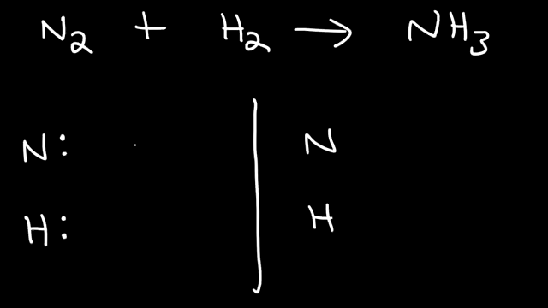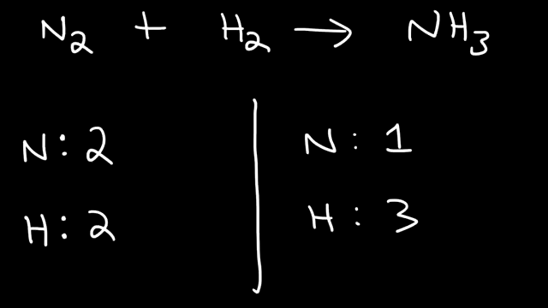On the left side, we have 2 nitrogen atoms. We also have 2 hydrogen atoms. On the right side of the equation, the product side, we only have 1 nitrogen atom, but we have 3 hydrogen atoms. So what do we need to do to make the atoms equal on both sides of the equation?